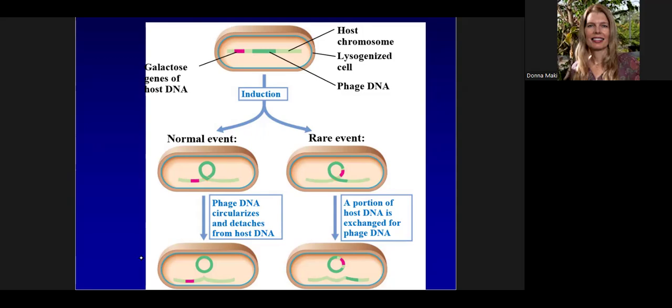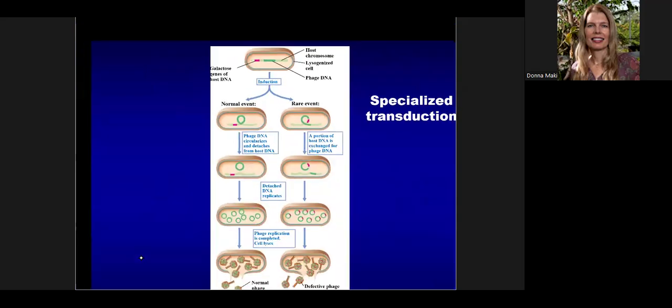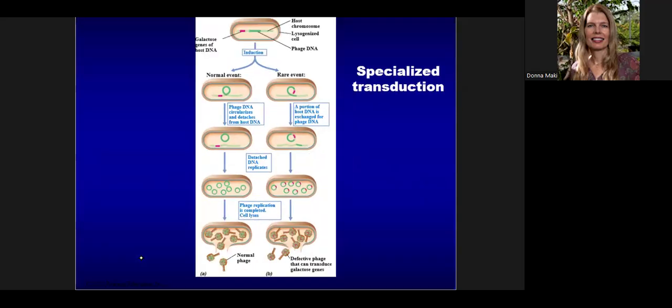Right, so that's the difference between the general and specialized that they're trying to get across here, is that you have the DNA that's flanking the phage DNA that's going to get cut out kind of accidentally with it and brought as part of the phage DNA. Now you have to imagine that phage DNA gets cut out and it has a little bit of flanking host DNA.